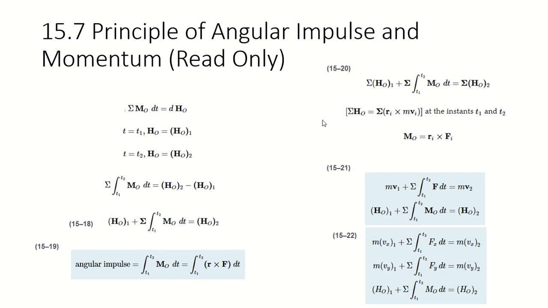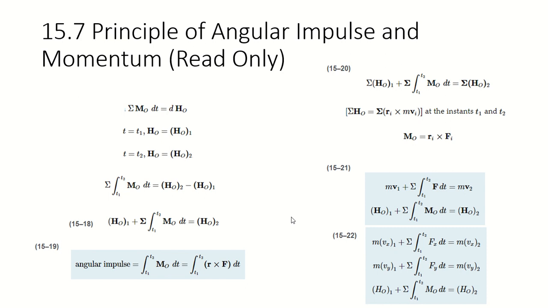15.7 is your angular impulse and momentum. Again, it's read only because it has a heavy calculus part in it, so I'm not going to go into it. You can read it. We're dealing with time and intervals, with the moments, and with the angular momentum. And we branch it out again. Every time you see x, y, we're talking about the coordinates, and we study the forces in different axes and then sum it up.